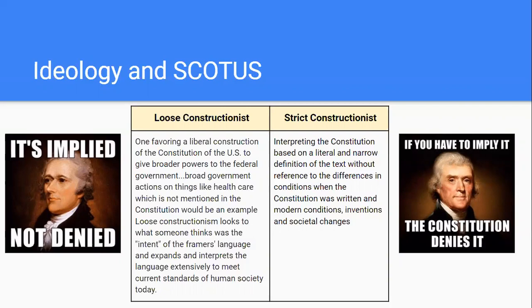So loose constructionist is judicial activism, generally a liberal philosophy that a judge can use their position on the court to extend civil rights by interpreting the Constitution. So in the Supreme Court case Brown versus Board of Education, a judicial activist would say that separate but equal, this equal protection clause, means through their interpretation of the 14th Amendment of the Constitution that segregation is not equal.